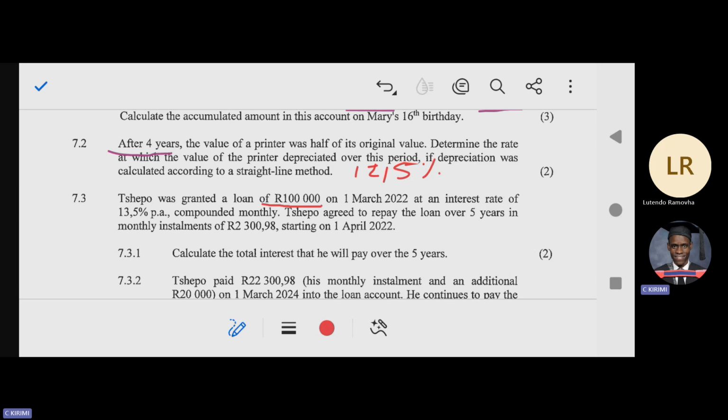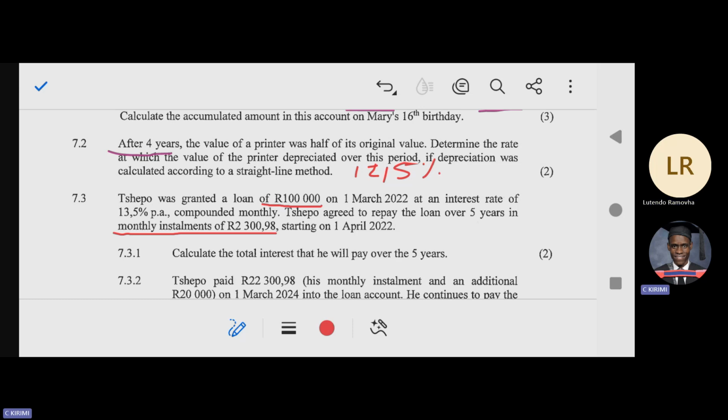Tepo agreed to repay the loan over 5 years in monthly installments of 2,398 rand, starting on the 1st of April 2022.